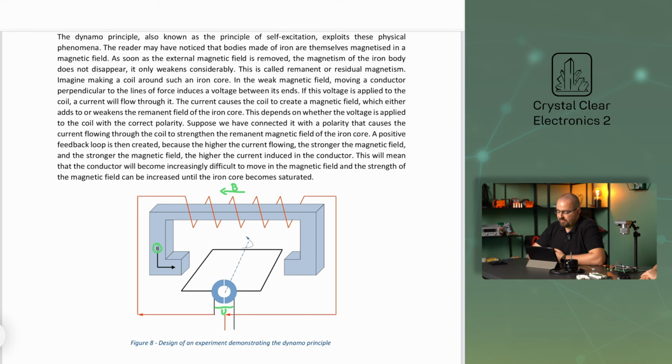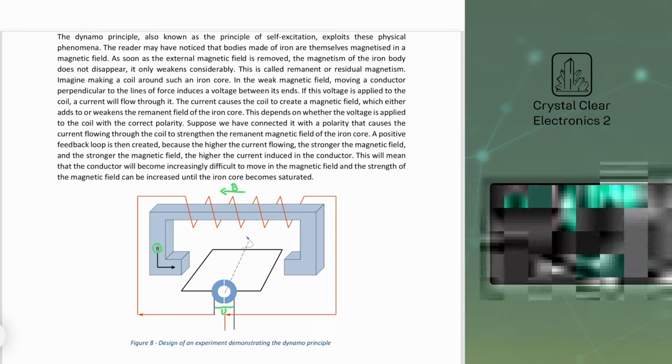A positive feedback loop is then created because the higher the current flowing, the stronger the magnetic field, and the stronger the magnetic field, the higher the voltage induced in the conductor, therefore the higher the current. This means that it will be increasingly more difficult to move the conductor in the magnetic field, and the strength of the magnetic field can be increased until the iron core becomes saturated.